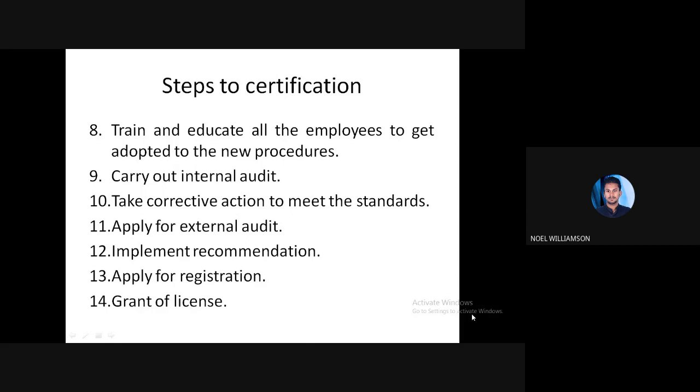Once an application for registration is accepted, it will be examined by these certifying agencies or the accredited certification body.